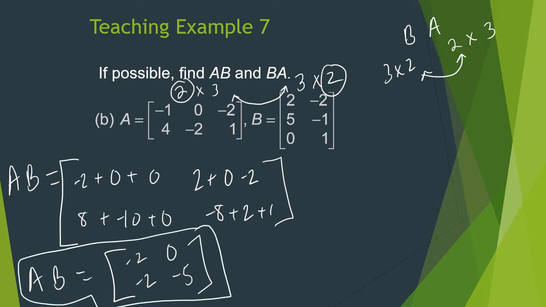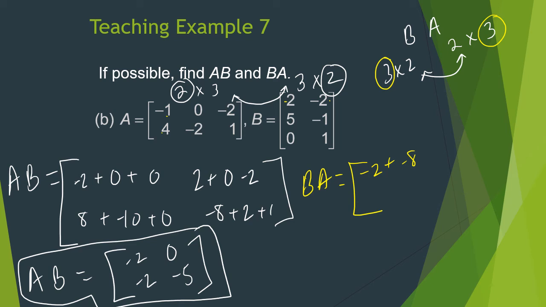Okay, now I'm going to do B times A. So BA equals, now I'm doing the row times the column. The row times the column, which means I'm producing a 3 by 3. Okay, so I have 2 times -1, which is -2, plus -2 times 4, which is -8.